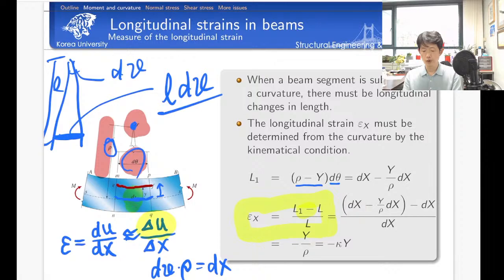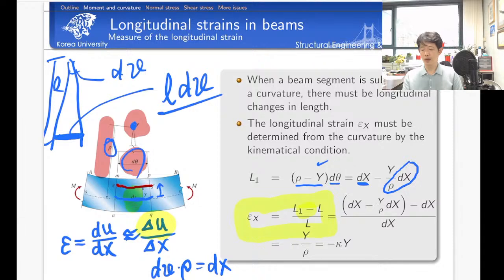Moving rho to the right-hand side, we obtain d theta equal to dx over rho. So if you expand this equation, instead of d theta we have dx and rho.